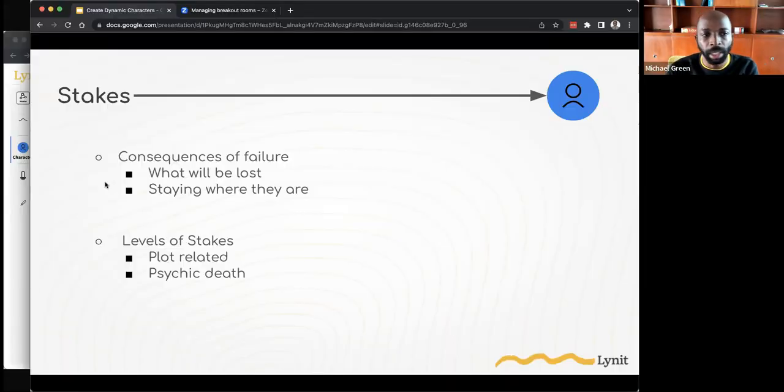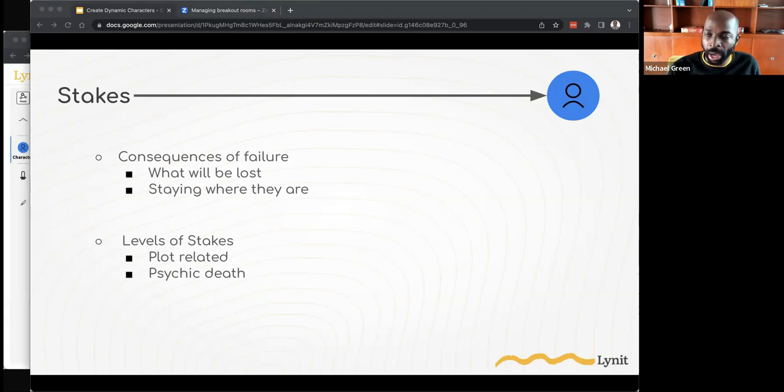So next, we're going to cover the stakes. The first component of the stakes is the consequences of failure. What is lost if the character doesn't meet their needs, both unconscious and conscious? What would be lost?